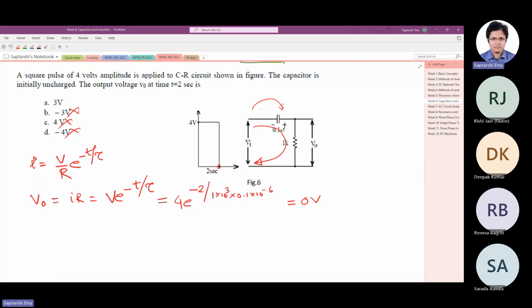Maybe they're making some mistake. It cannot be, because you see now what is happening. As soon as you apply the voltage, there is no current through the capacitor.